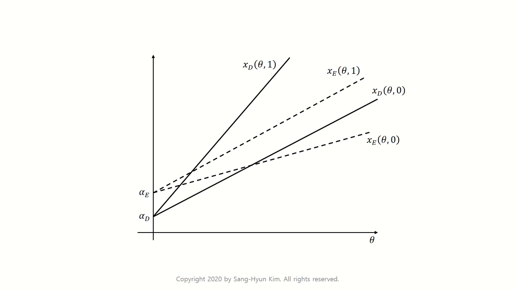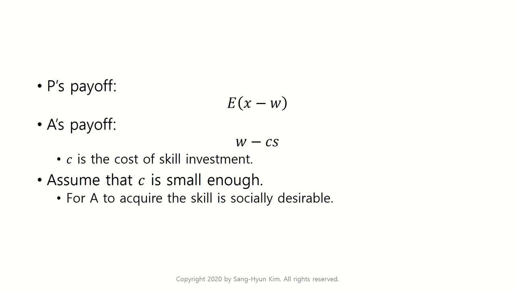I probably gave too much information really fast, so let me just repeat it. For a difficult task, skill and talent are important. For an easy task, skill and talent are less important. So that's the key assumptions. All right. And the principal's payoff is x minus w as usual, and the agent's payoff is w minus c times s.